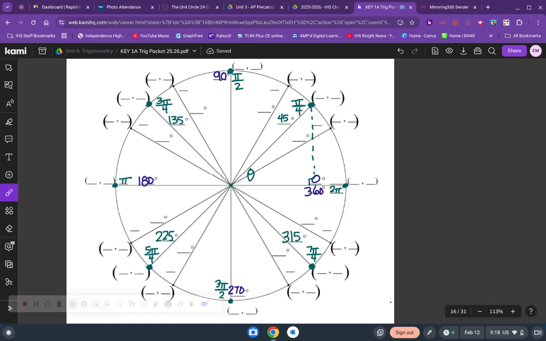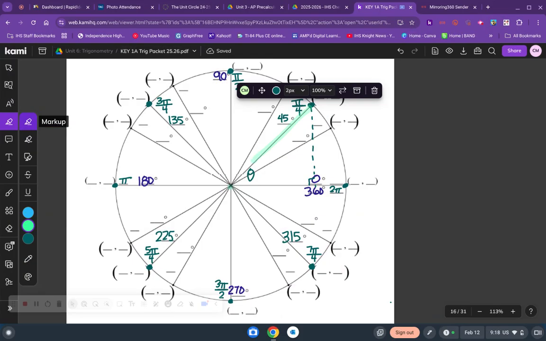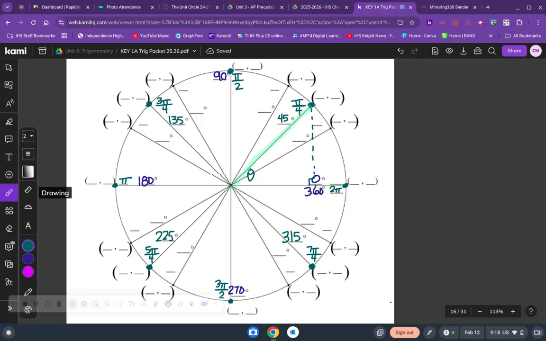Since we're on the unit circle, every triangle that's on the unit circle has a hypotenuse length of 1 unit, okay? The hypotenuse length here is 1. So with my hypotenuse length of 1, knowing that my theta is 45 degrees, or pi over 4 radians, I could then use SOHCAHTOA to figure out the 2 leg lengths.